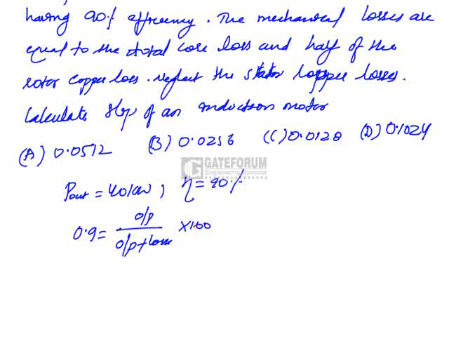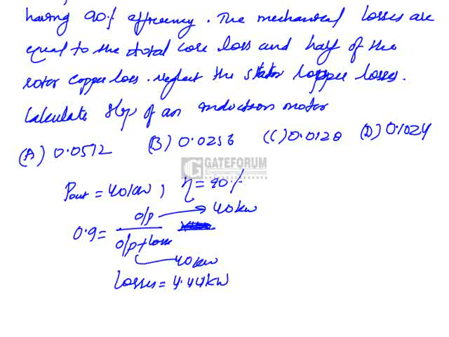Since he has given 90, we represent it as 0.9, no need to multiply by 100. Substituting 40 kilowatt as the output, you will get losses as 4.44 kilowatt.